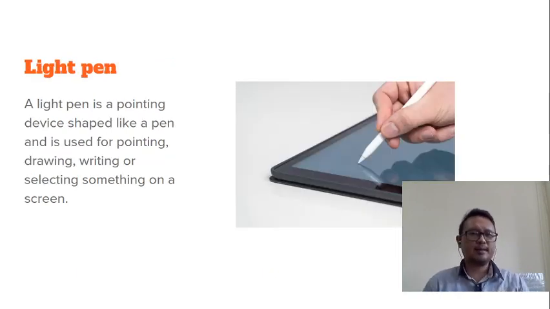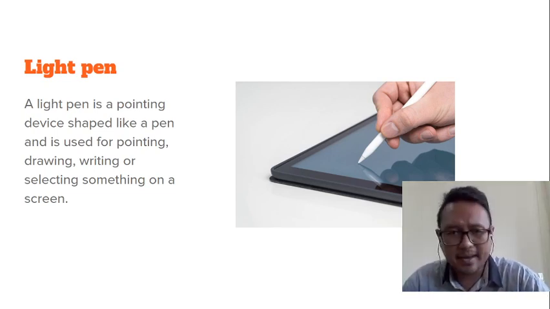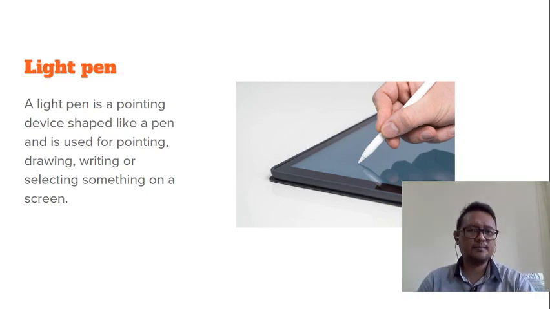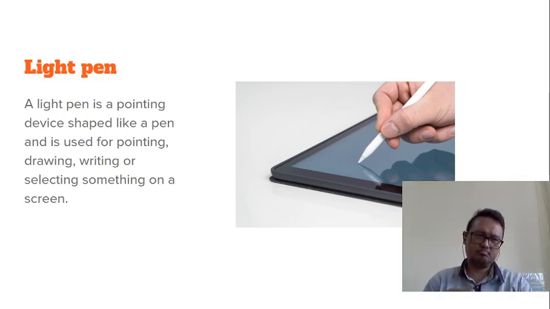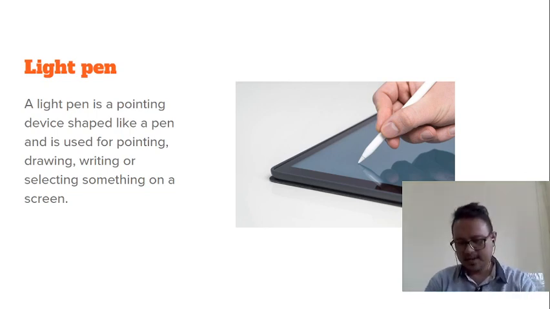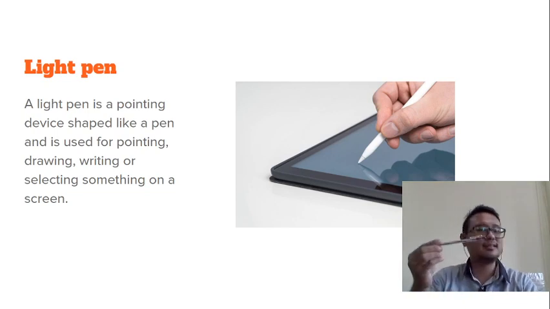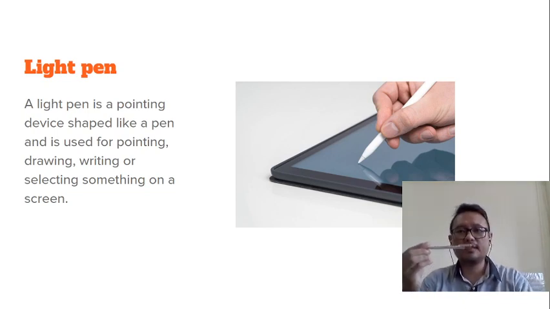Now, light pen. Right? Nowadays, we always call it a pen or stylus. If you have an iPad, Samsung Tab, or even a phone, you can use your pen, not this pencil. No, not also this pen. I have a pen. Yeah, no, not this kind of pen, but an electronic pen.